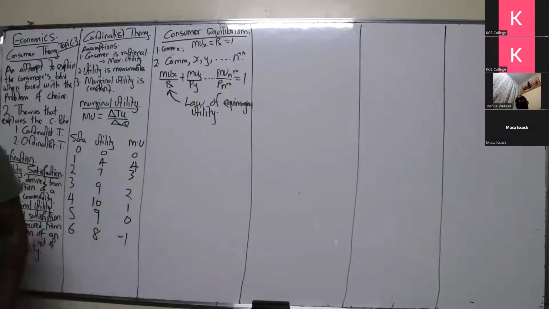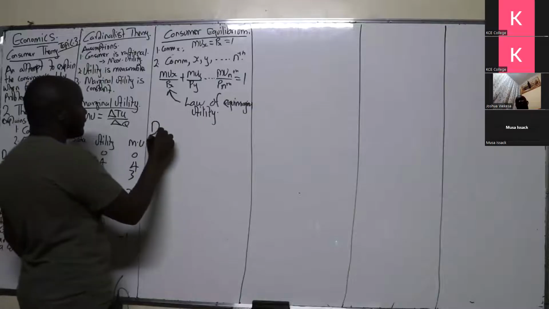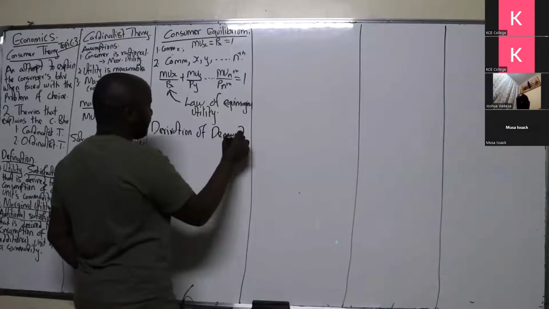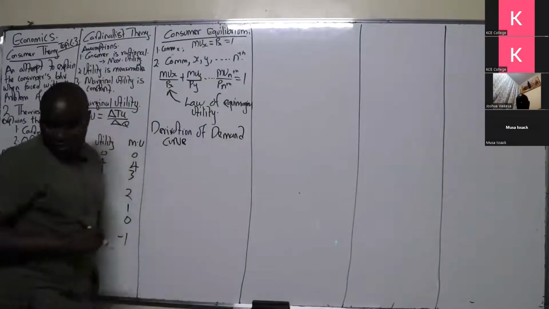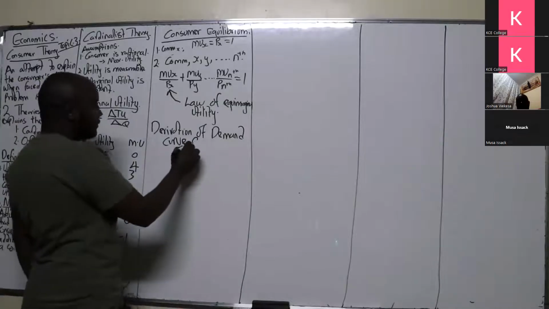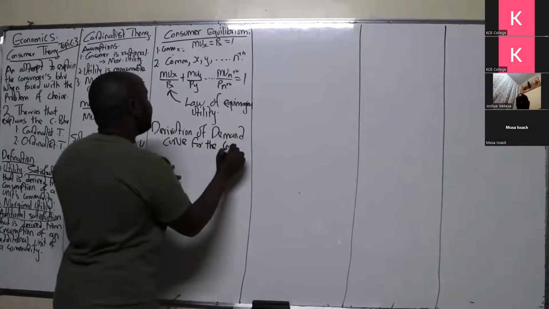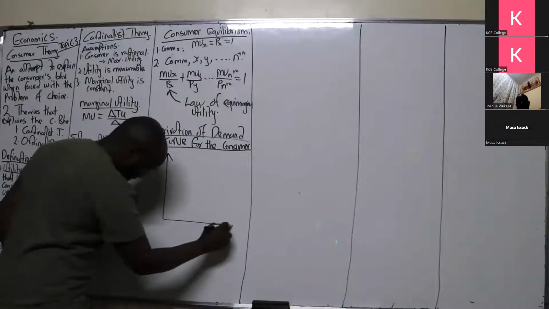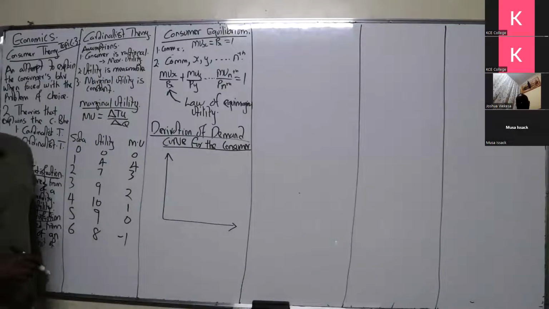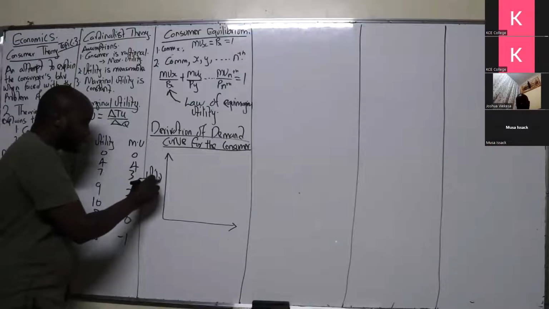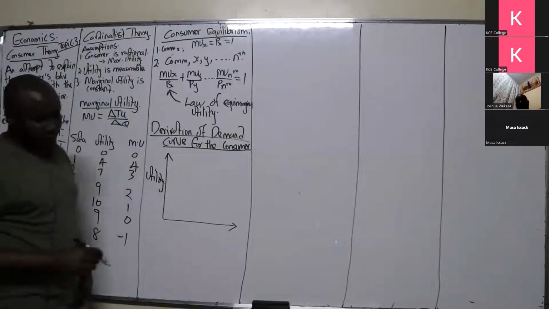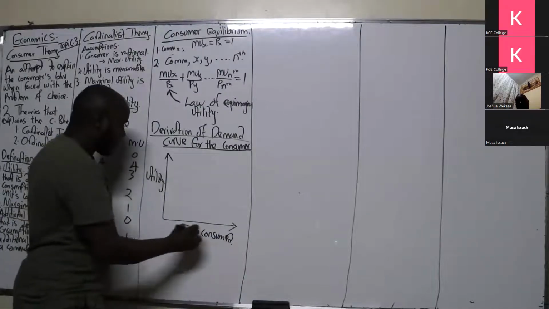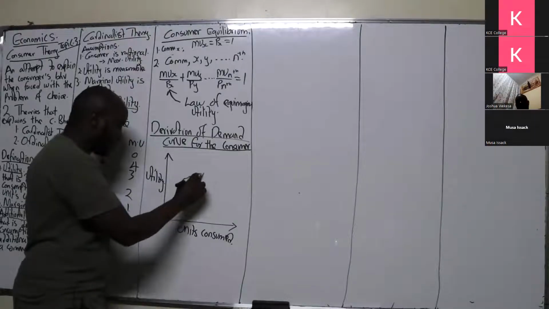Let's talk about the derivation of the demand curve for the consumer. We shall just draw it because you have already explained it. Assuming you have utility here and units consumed, then our marginal utility shall be like that.